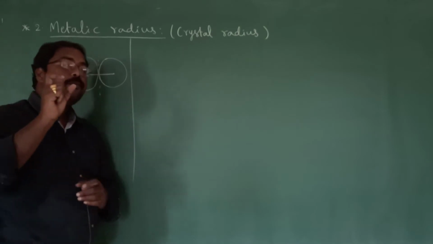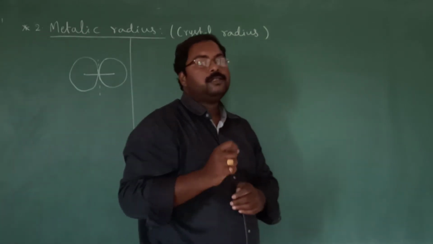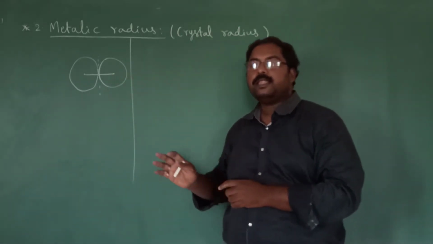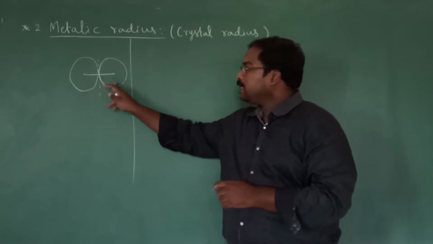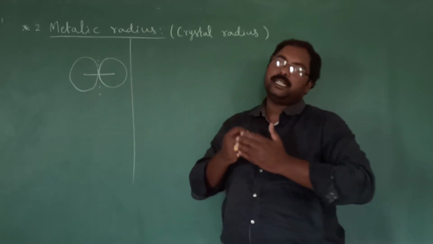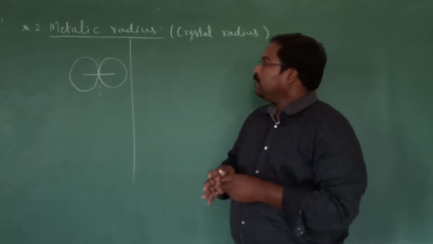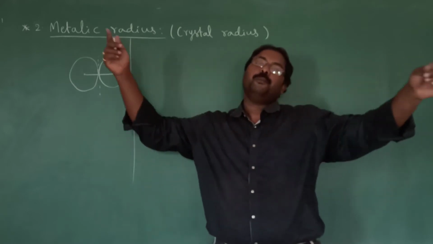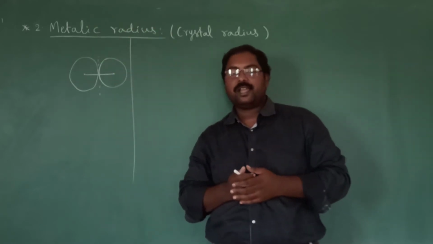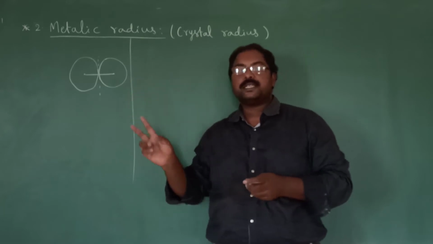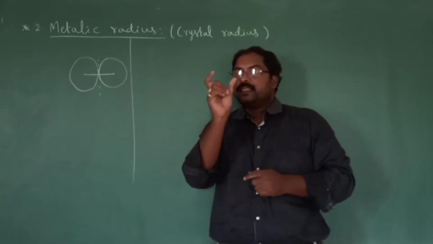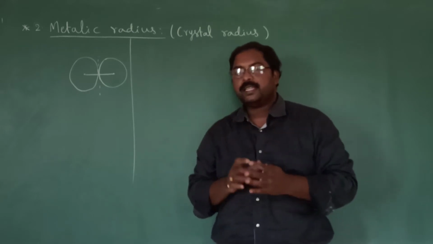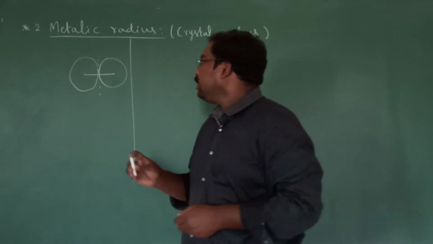So between which two metals do we have to take? That is why in the definition we have to mention one point: we are going to take the metals which are present adjacent together. Because if you take one metal from one corner and one metal from the other corner, you will get a larger metallic radius. So in that metallic crystal, the two metal atoms present adjacent, sideways, are the closest metals.